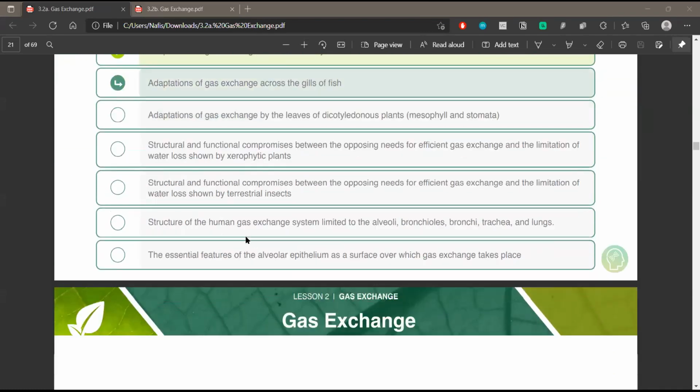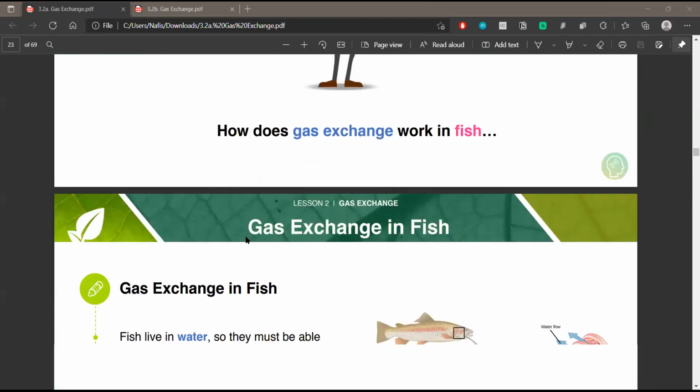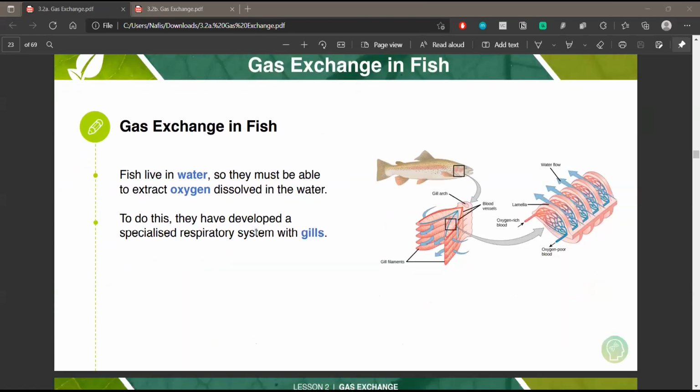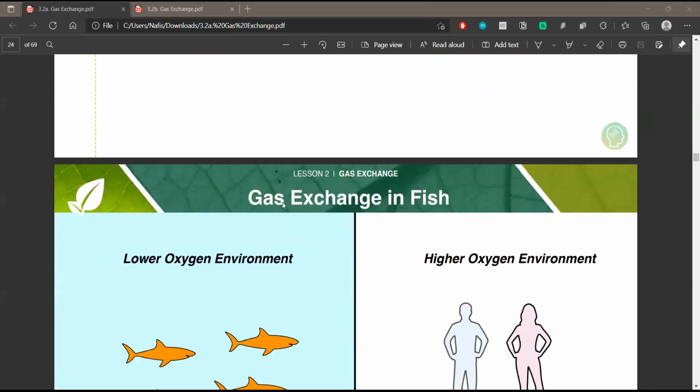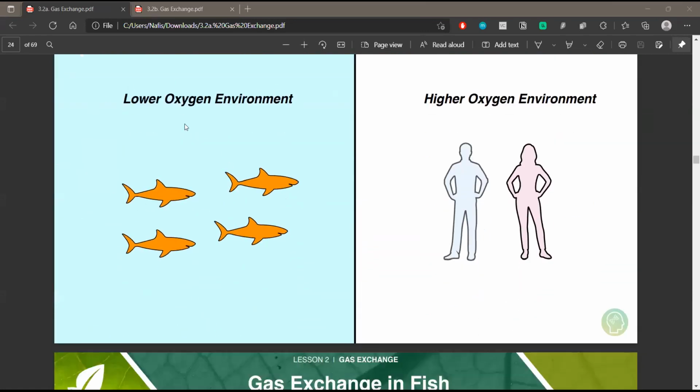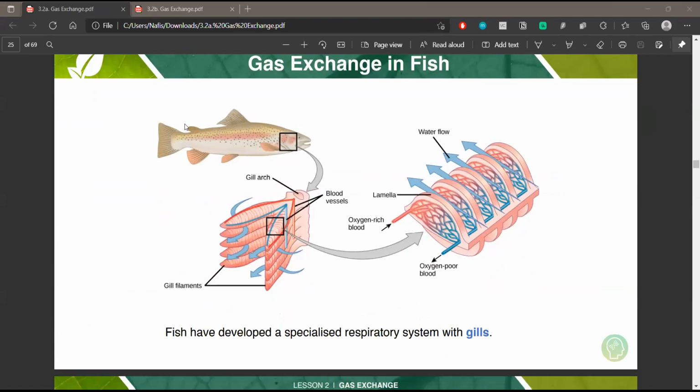So the next bit is about fish. How does gas exchange work in fish? So remember, fish live in water, so they have to extract oxygen that is dissolved in water. So to do this, they've developed a very specialized countercurrent respiratory system involving gills. Because fish are in a low oxygen environment, they need to extract as much oxygen as they physically can.